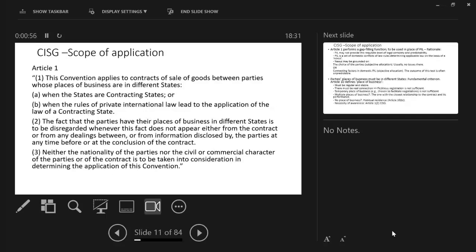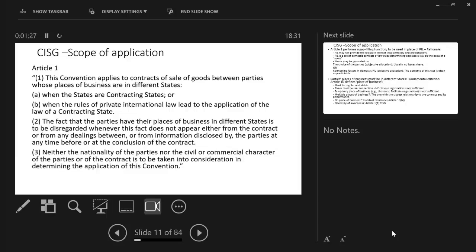If we look at applications, I just highlighted this. Article 1: this convention applies to contracts of sales of goods between parties whose places of business are in different states. So it applies automatically, as I've said, under Article 1(1)(a) when you have two countries that have ratified, that are contracting parties to the convention. So that's automatic.